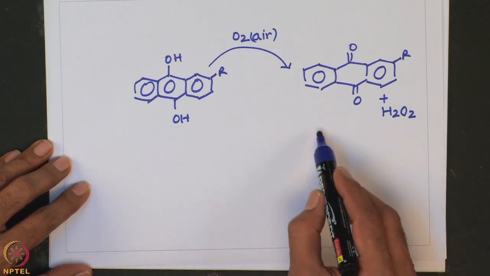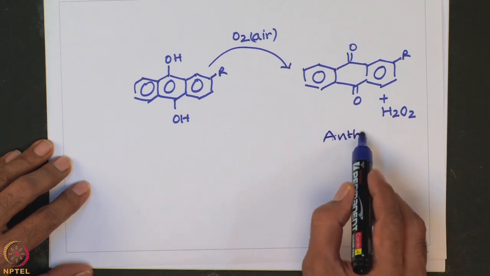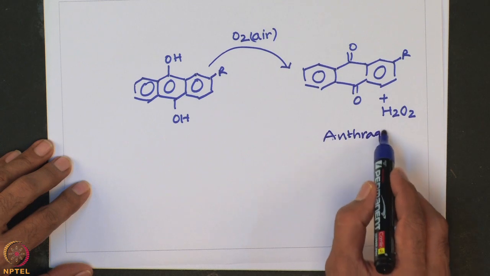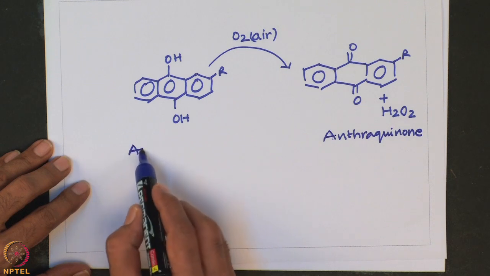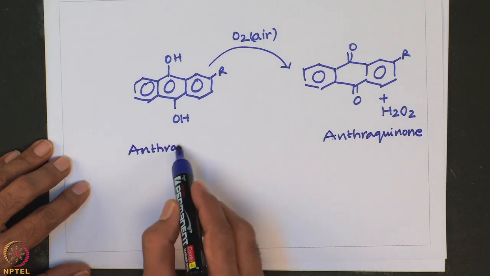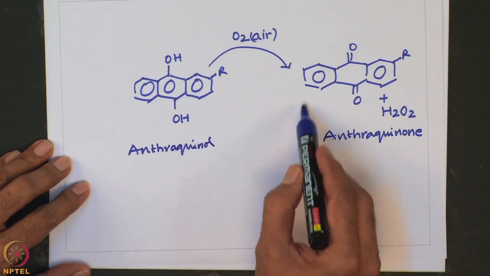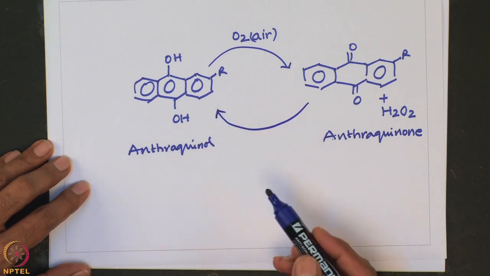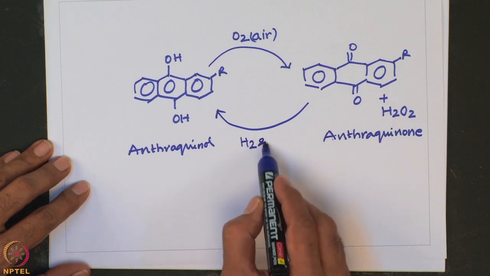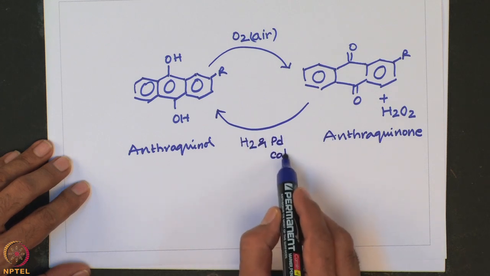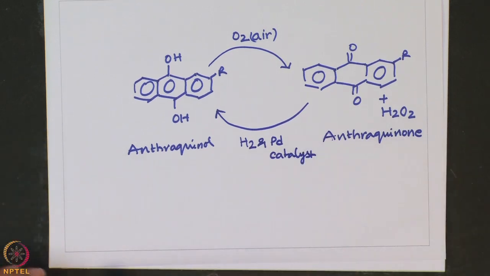And again, to get back this one, this is anthraquinone, so to convert this anthraquinone back to anthraquinol, one should use hydrogen and a palladium catalyst as a reducing agent. So, you can get back and again pass hydrogen.